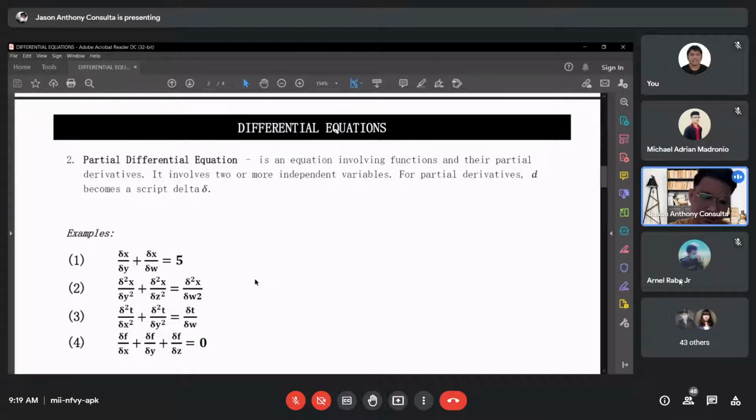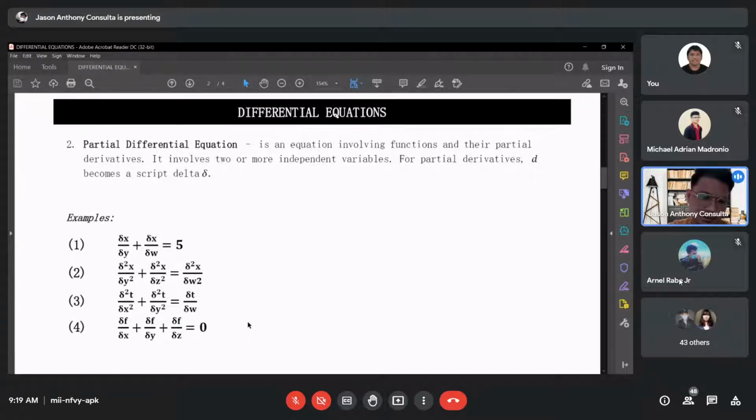Nag-solve kayo nun last sem. No, first sem pala, no? First sem. So last year. So okay, if hindi na maalala or medyo nakalimutan ng konti, pakibalikan yung lesson nyo sa Calculus 1. Okay? So partial derivatives. It involves two or more independent variables. I mean partial differential equation.